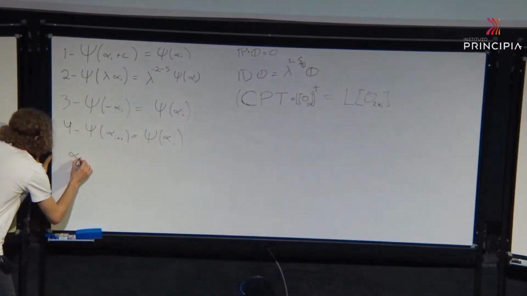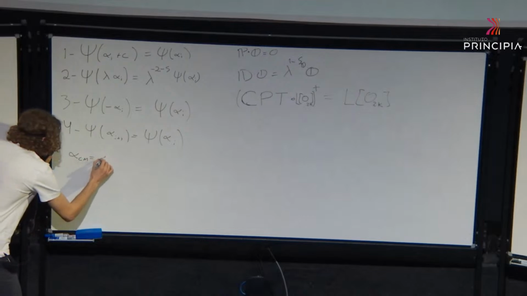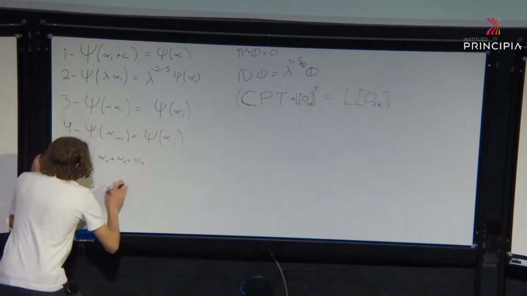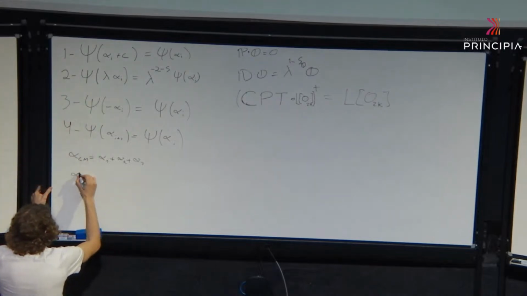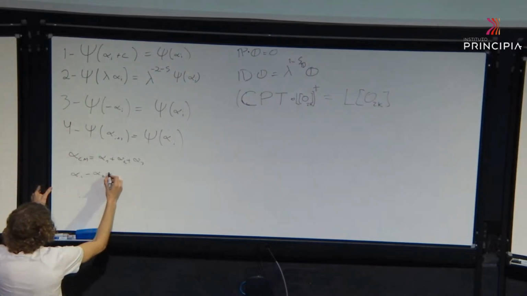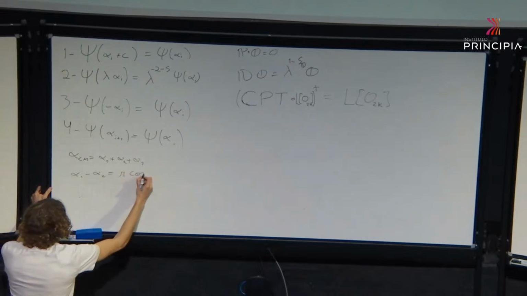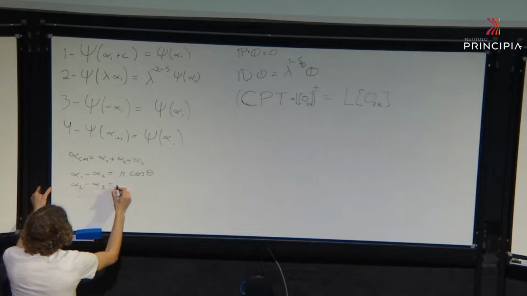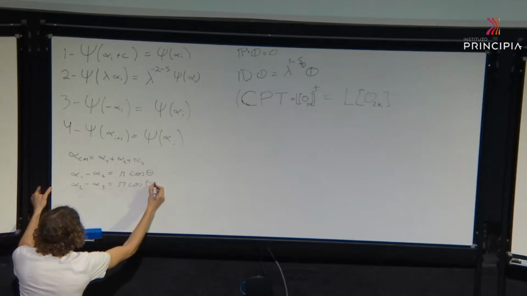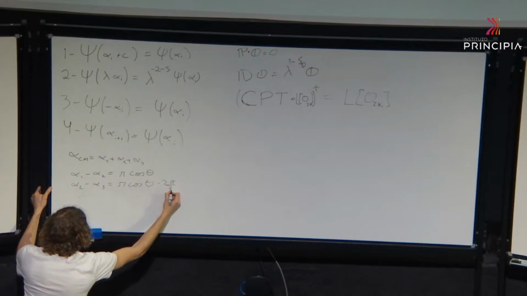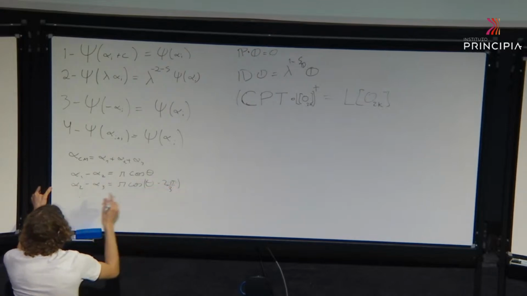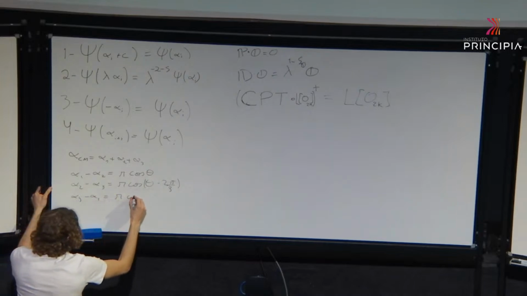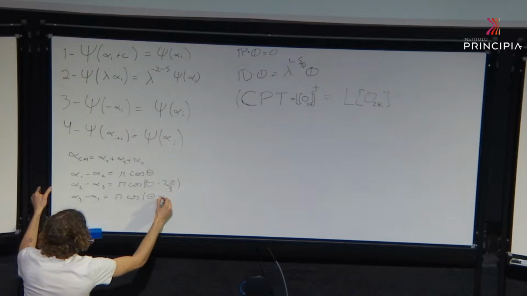First, introduce a center of mass variable, which is the sum of the alphas. And then we introduce some radial coordinates by saying that alpha 1 minus alpha 2 is r cosine of theta, and alpha 2 minus alpha 3 is r cosine of theta minus 2 pi over 3. And then from these two conditions, automatically you get that alpha 3 minus alpha 1 is r cosine of theta minus 4 pi over 3.